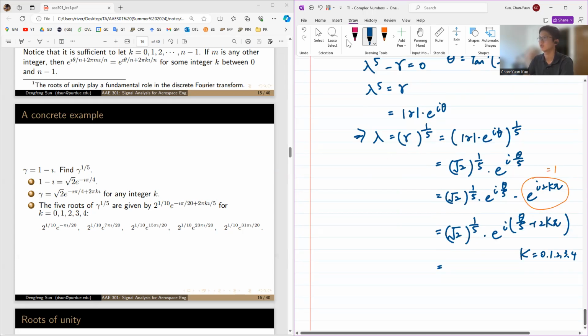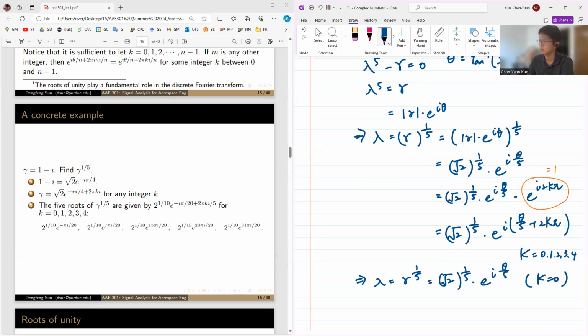So in the end, we get lambda equals gamma to the power of 1/5 equals square root of 2 to the power of 1/5 times e to the i theta over 5. This is when k equals 0.